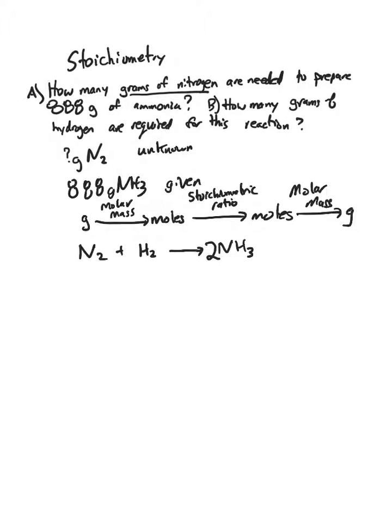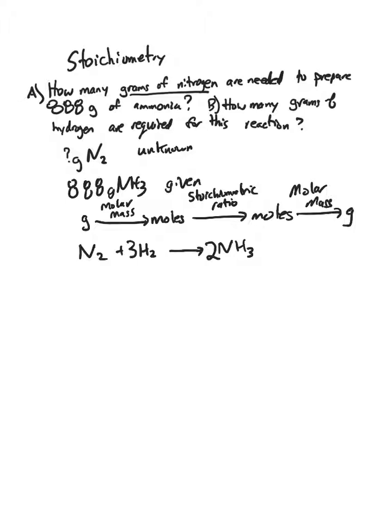Now the nitrogen's balanced. The hydrogens, if you look at the products, I've got 2 times 3 hydrogens, that's 6 hydrogens, so on the reactant side, in front of the H2, I need a 3. So this is my balanced chemical equation. It says that 1 mole of nitrogen reacts with 3 moles of hydrogen to make 2 moles of ammonia. 1 part nitrogen plus 3 parts hydrogen makes 2 parts of ammonia.